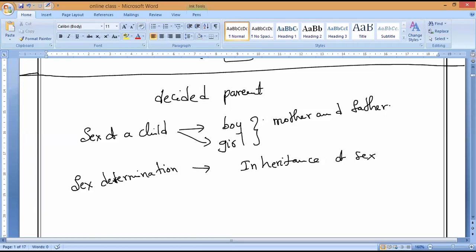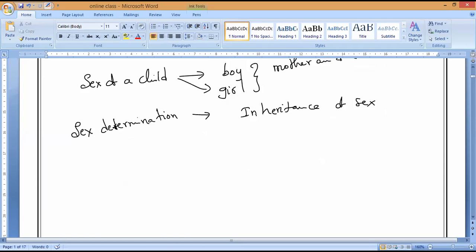Now please all of you write that before we study the inheritance of sex or sex determination, we should know the symbols used to describe whole sex chromosomes rather than individual genes. As we know, out of 23, one pair of chromosomes is different.